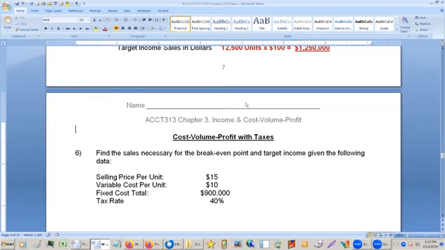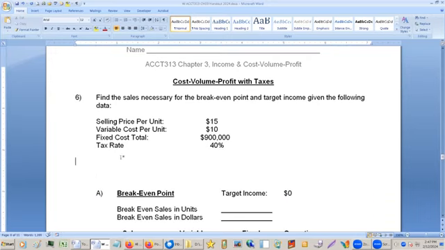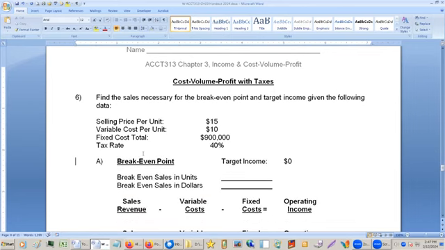Tell you what, go ahead and do number 6. You can do number 6 on your own. And we'll come back. Let me see here. We'll be back at, let's say, 3:05.